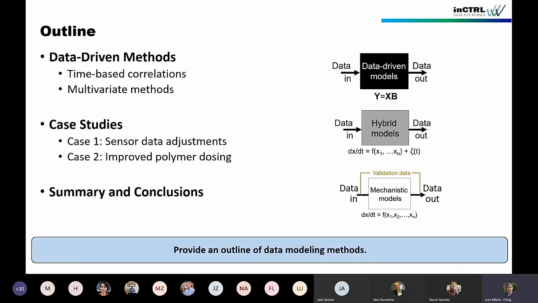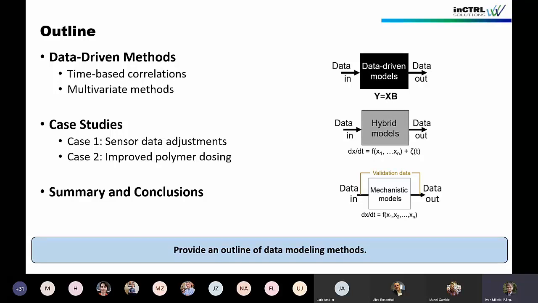Okay. So the cases are going to be focused around two data-driven modeling methods. Basically, time-based correlations that look at a time series of data and how that time series can be used to generate some useful information, specifically for sensor drift and things like this. And then multivariate methods, basically how variables relate to each other in a process and how this can be modeled and then used to some advantage for process improvement.